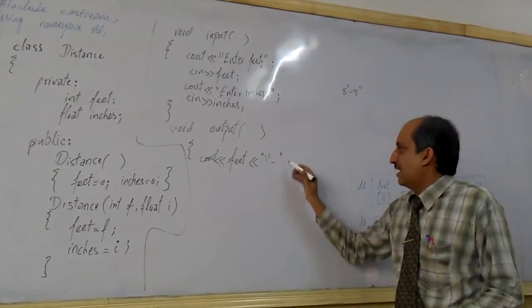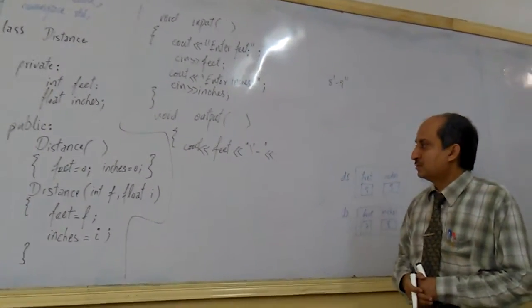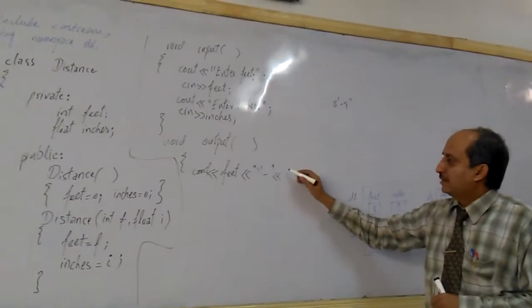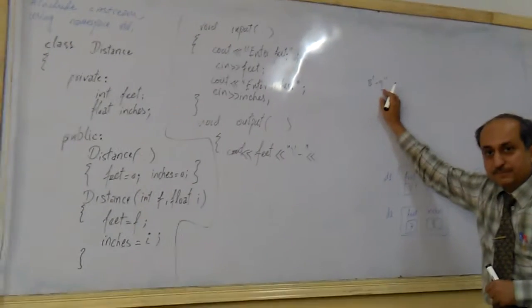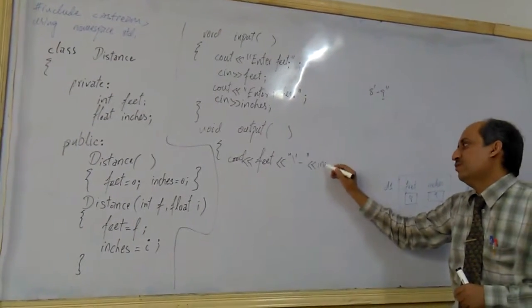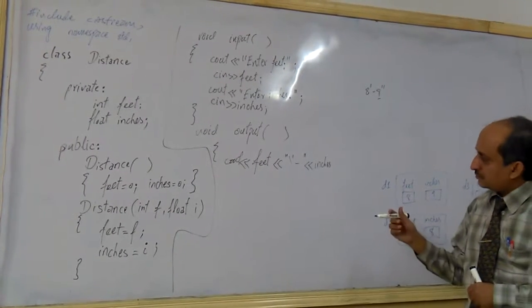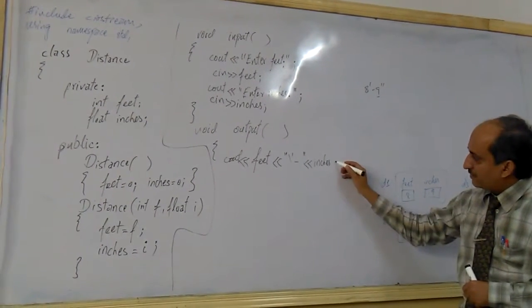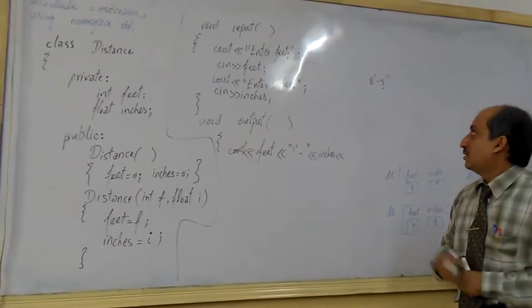Hyphen will be printed as it is, there will be no problem for the compiler, for the computer, for printing that hyphen. And after that, what value do we need to print? The inches value. Our value is stored inside our data member, inches. And after that, the double quote.